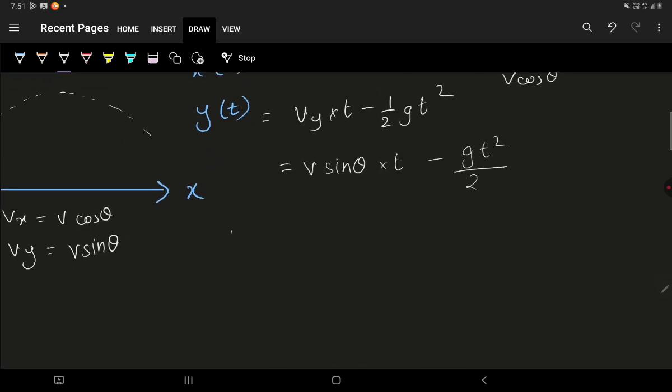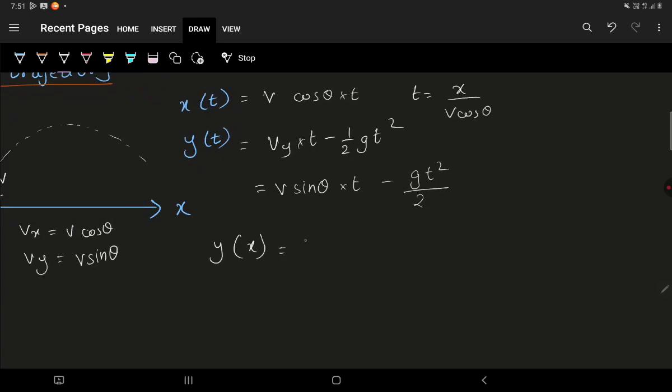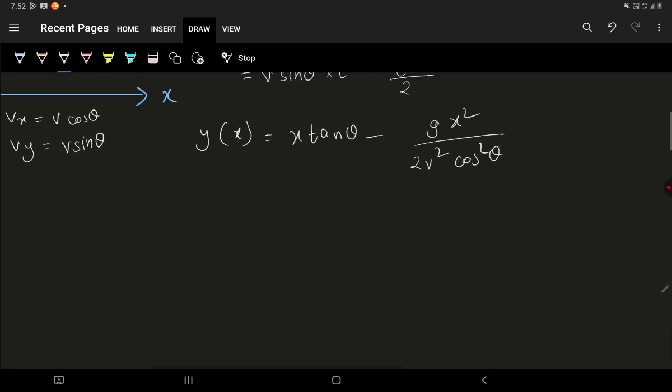So y you can write as a function of x in this case, and it will come out to be x tan theta minus gx square by 2v square cos square theta. Right? Now what I'll do is, taking out x tan theta in common, you will get 1 minus x by R, where R is the range of the projectile.